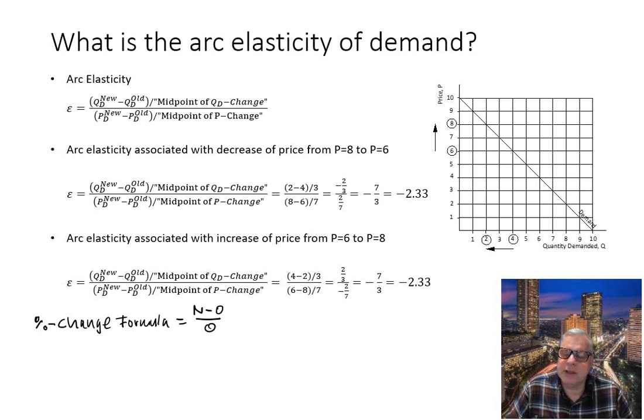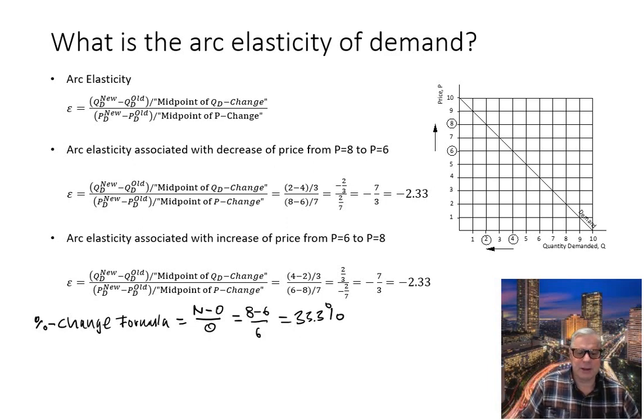So when we used the percentage change formula on the previous slide, we set the new value as 8, then we subtracted the 6, the old value, the difference is 2, and then we divided by 6, and this is how we got 1/3 or 33.3%.